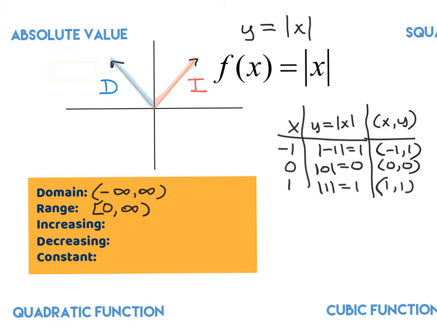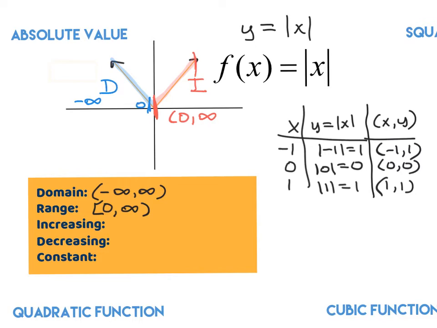Now, a lot of times when you're trying to separate increasing, decreasing, and constant, you can look right at your domain and pull it from there, but here I got to break apart that all real numbers. So it's going to increase from 0 to infinity, so from here to here, and the decrease goes from the -infinity up to the 0.